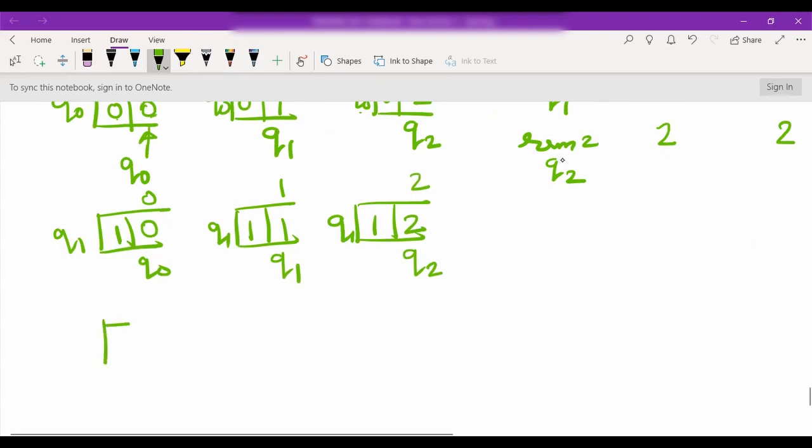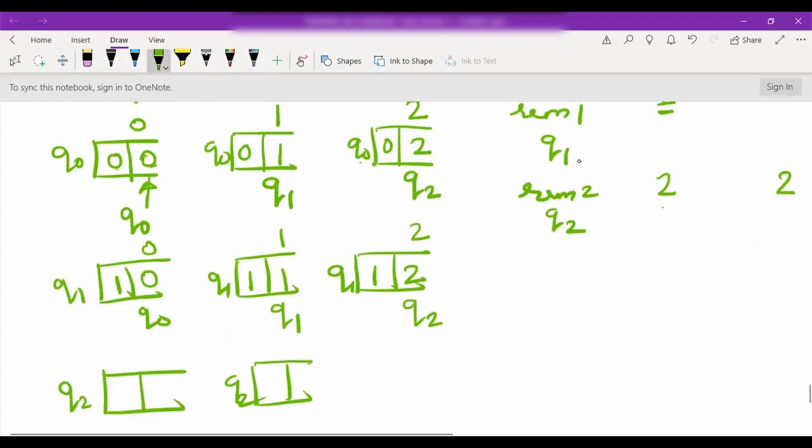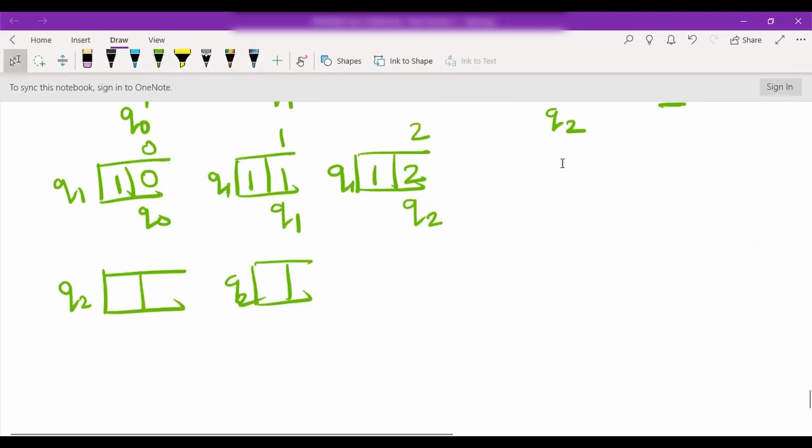Now we will consider Q2 state. Which string is represented by Q2 state? That we have to find out. So here the Q2 state is representing number 2. So that we are going to write here. So this is number 2, and one more thing, because we are having 3 input symbols, there will be 3 tapes. The next bit can be 0, it can be 1, it can be 2. So 2, 0 is nothing but number 6.